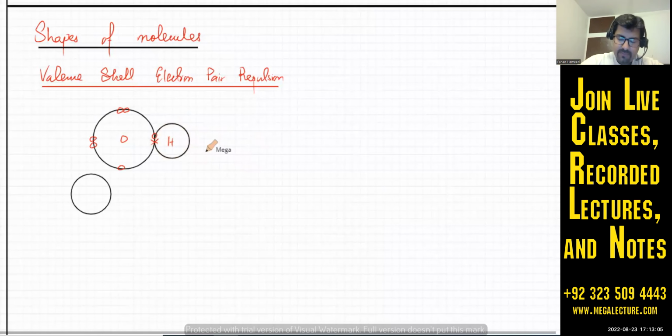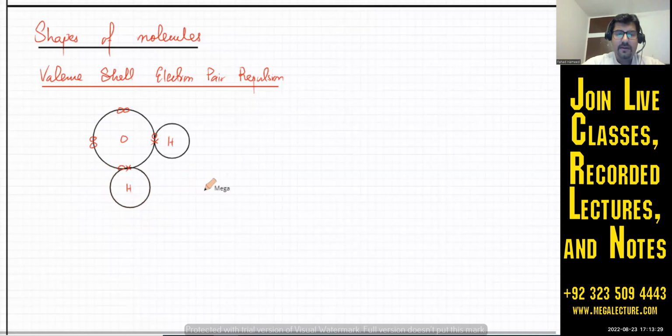Okay, so that's one bond, and oxygen needs another electron. So there's going to be another hydrogen atom, and this hydrogen atom will also share electrons with oxygen.